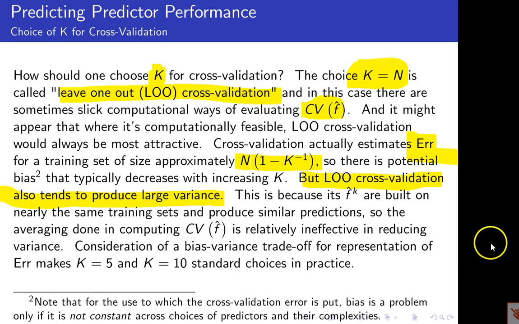And so the averaging that you're really counting on to reduce variance when you compute the cross-validation error, you don't get it because of the positive correlation between the things that you're averaging. And so consideration of bias variance trade-off makes it very common to do cross-validation based on k-folds of k equal 5 or k equal 10.